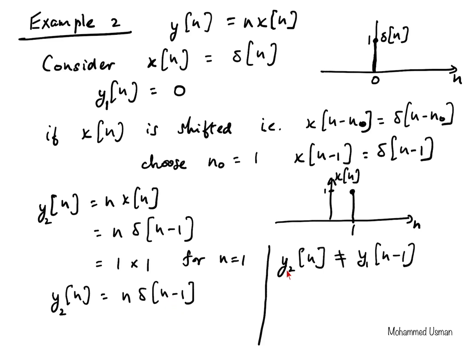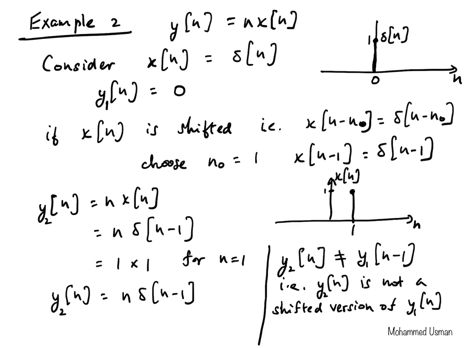So y2 of n is not a shifted version of y1 of n. So the system here in this case is a time variant system.